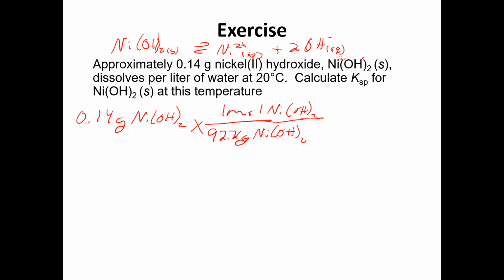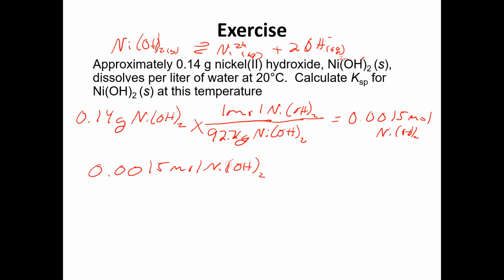So if we take 0.14, divide that by 92.71, we get 0.0015 moles of nickel hydroxide. And if we dissolve that 0.0015 moles of nickel hydroxide in 1 liter, well, that's going to be 0.0015 molar.